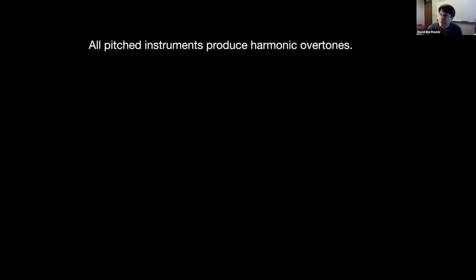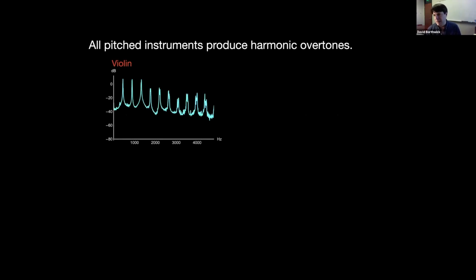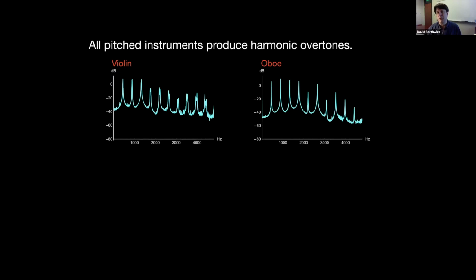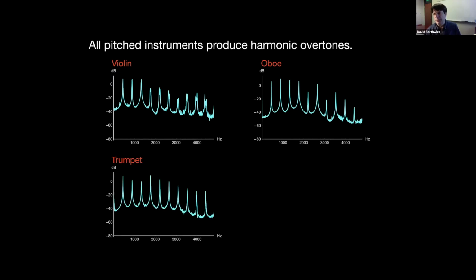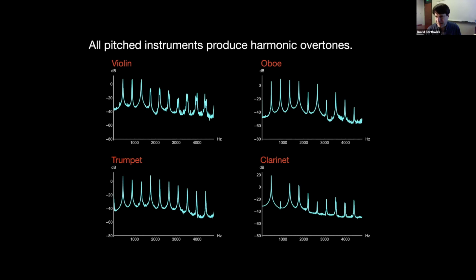This basic structure of the string leads to harmonic overtones, but other pitched instruments have the same phenomenon. So a violin, an oboe, a trumpet, a clarinet, they're all playing the same note. And I've graphed the frequency so that you can see the overtones, and they're all very closely related. They all have this even spacing of overtones, which we call harmonic.